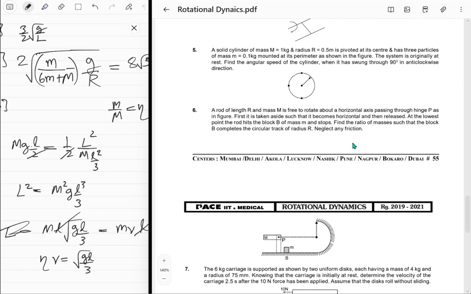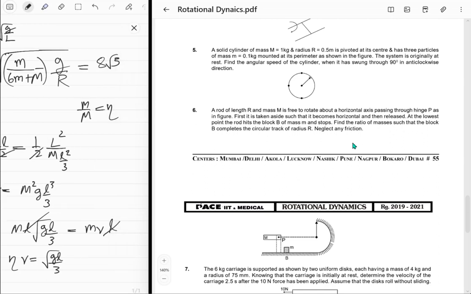Well, yeah. So we got what the velocity is going to be. Now, since we want this guy to complete this circle, complete the circular track of radius R, at the topmost point the centripetal acceleration is just provided by gravity. So g is equal to v squared upon R, so v squared is equal to gR.